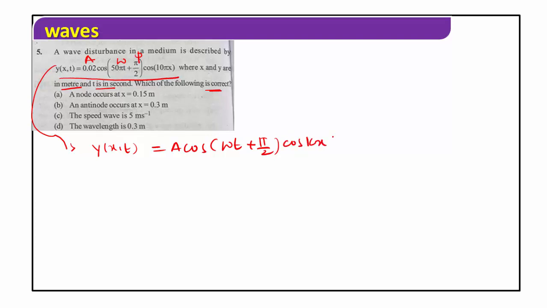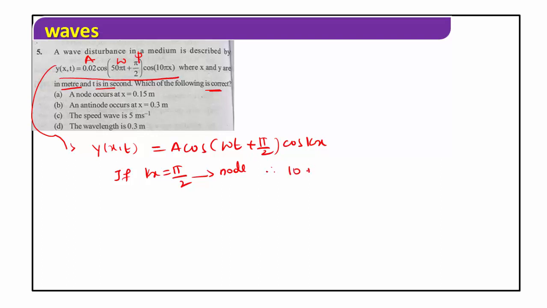The equation given here is in this form. But if kx is equal to pi by 2, in that condition, nodes occur.